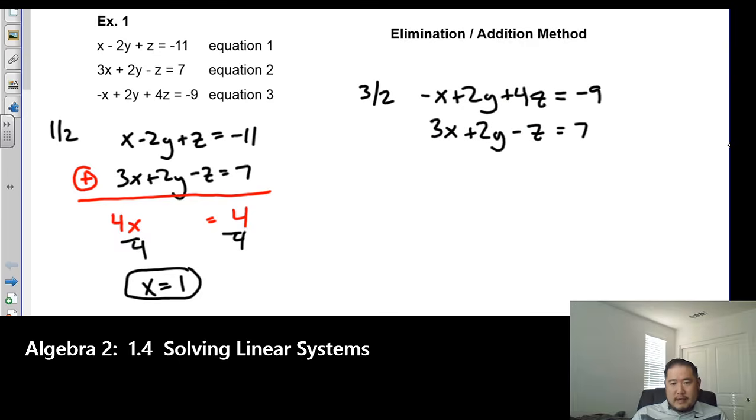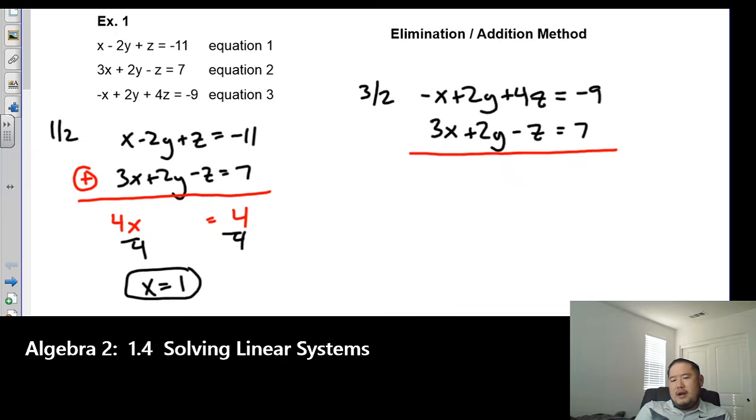We're going to add things up. Now, before you add things up, remember one of the things I said: if I eliminate one variable the first time, I have to make sure that that variable gets eliminated the second time around. If not, we're in trouble.